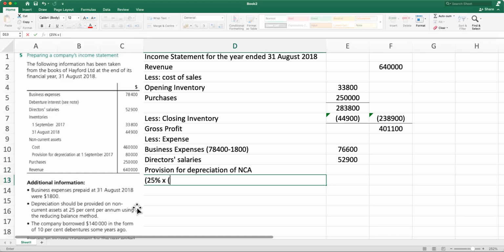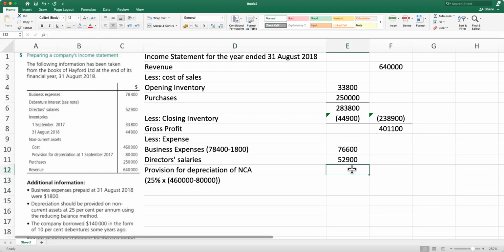So the calculation will look like this. 25% multiplied by the current net book value, which would be 460,000 minus 80,000. So this one will amount to 95,000. So in total, the expenses will be 224,500.